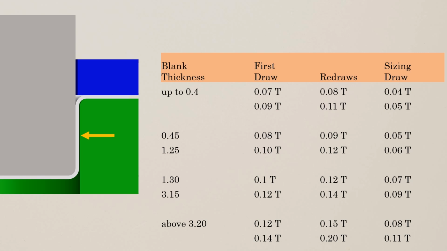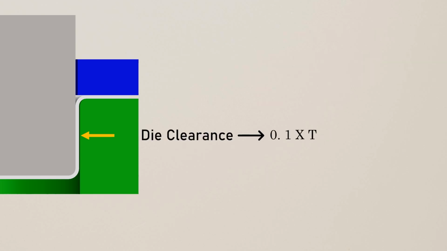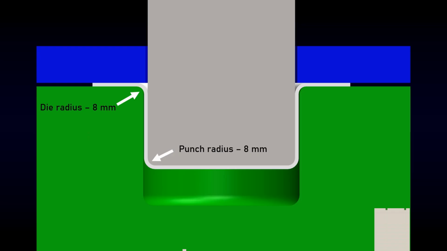We can refer to a standard table for clearance for drawing dies. For blank thickness 1.2, it's 1.25 mm. We select a clearance of 0.1 T for the first draw. So the clearance should be 0.1 times T, 0.12 mm per side.